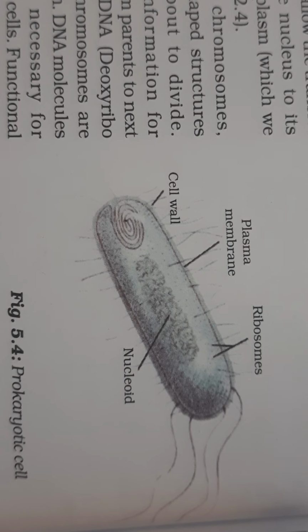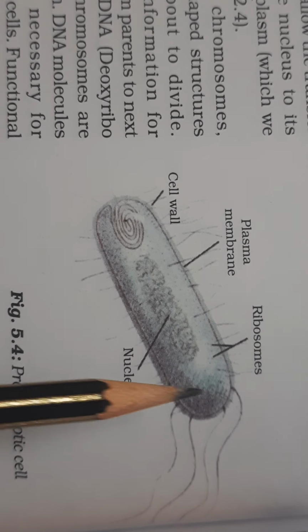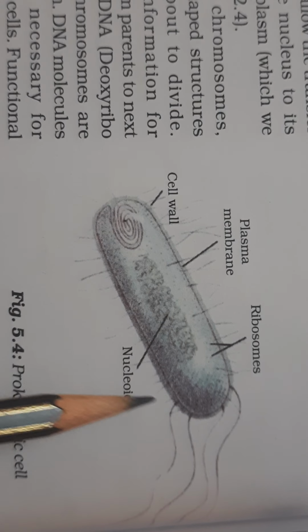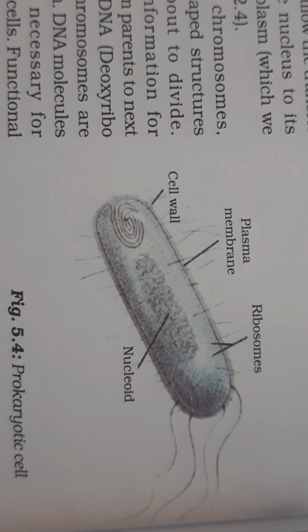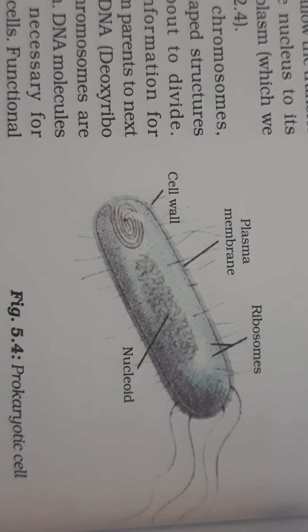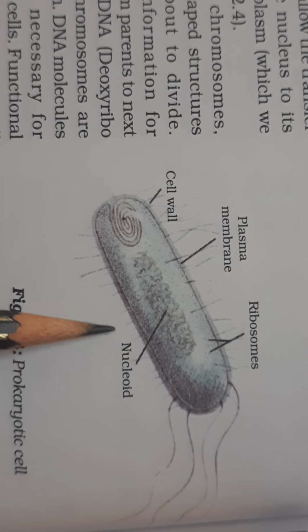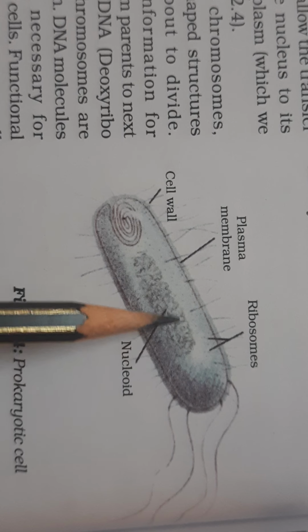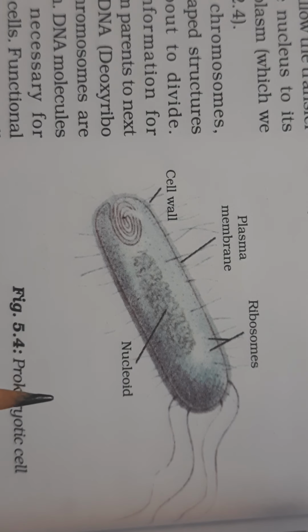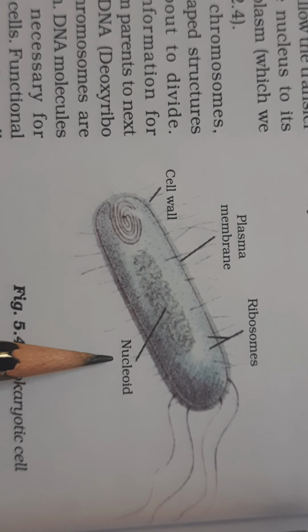There are some organisms like the bacteria in which the nuclear region of the cell may be poorly defined. That is due to the absence of a nuclear membrane. Here you can see there is no nuclear membrane. Such an undefined nuclear region, which contains only the nucleic acid, is called a nucleoid.